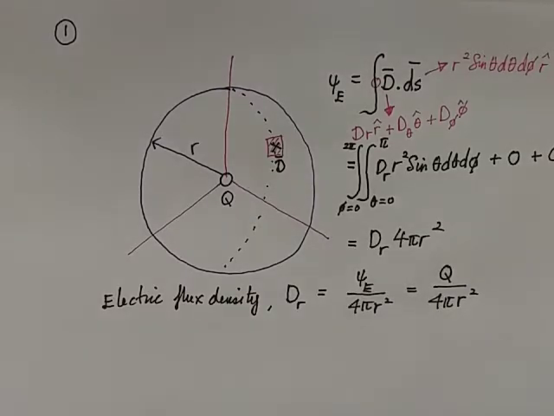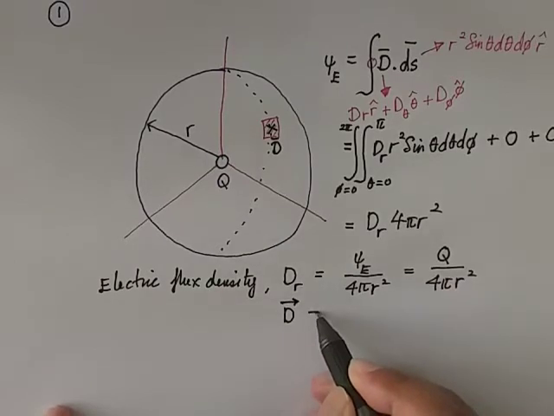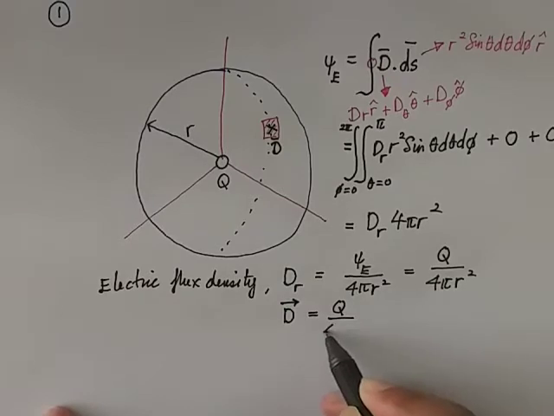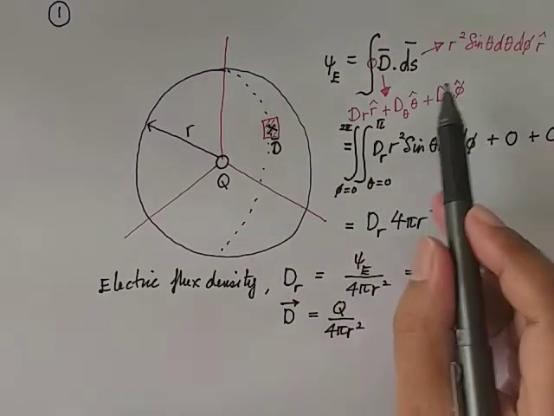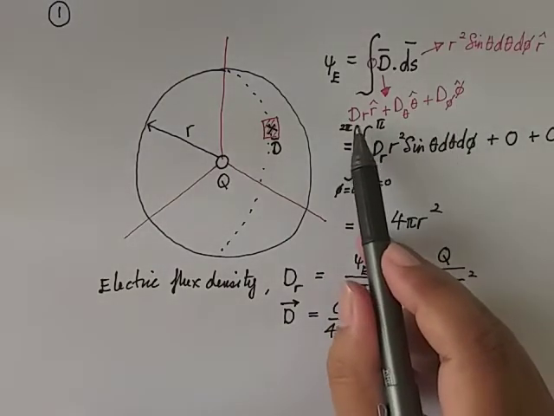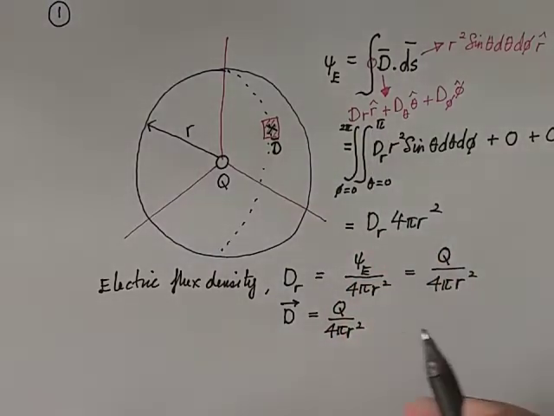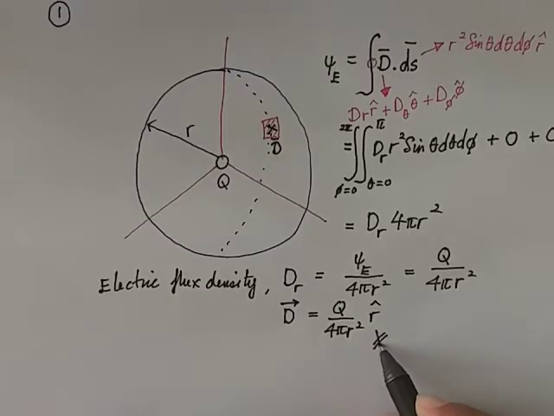Since electric flux density is a vector, we have to change to a vector solution. The magnitude is as proven before, Q over 4 pi r squared. Then for D, the magnitude is obtained by this mathematics, and we add the direction, which is r. So with that, that should be our solution.